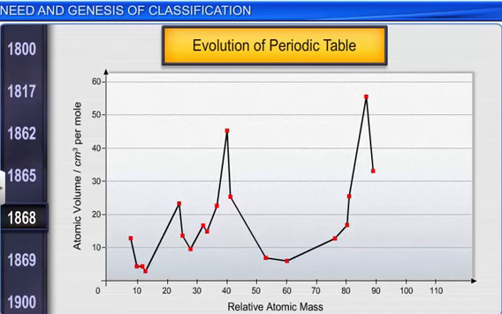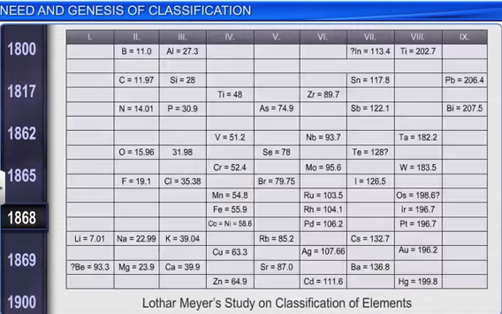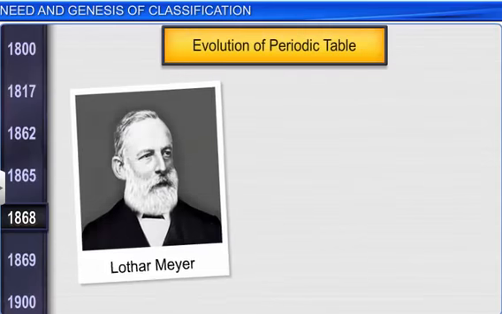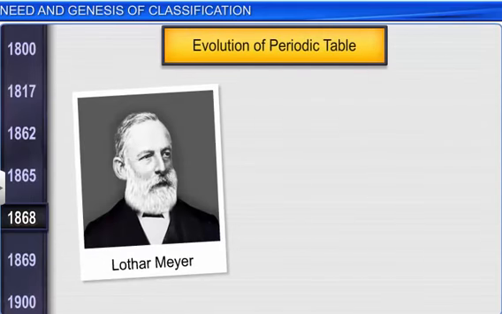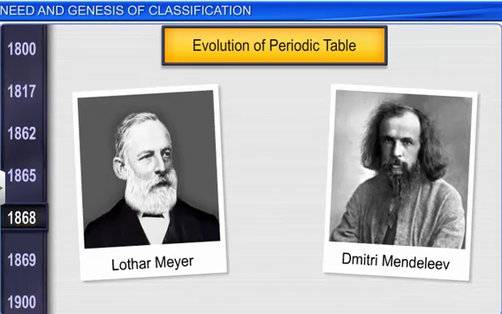Unlike Newlands, Lothar Meyer observed that the length of that repeating pattern was not constant, and there was a change in the length, and so created a periodic table based on the increasing atomic weights as given on stage. Unfortunately, his work was published after the work of Dmitri Mendeleev. Hence, Mendeleev is considered the father of the modern periodic table.